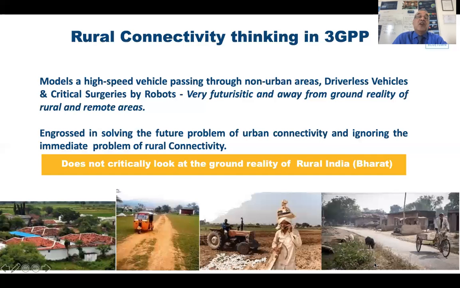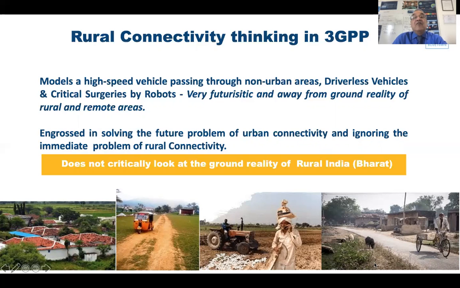Now let's talk about rural connectivity. The thinking in 3GPP while working on 5G was to model a high-speed vehicle passing through non-urban areas, driverless vehicles, and critical surgeries by robots. Very futuristic and away from the ground reality of rural and remote areas.